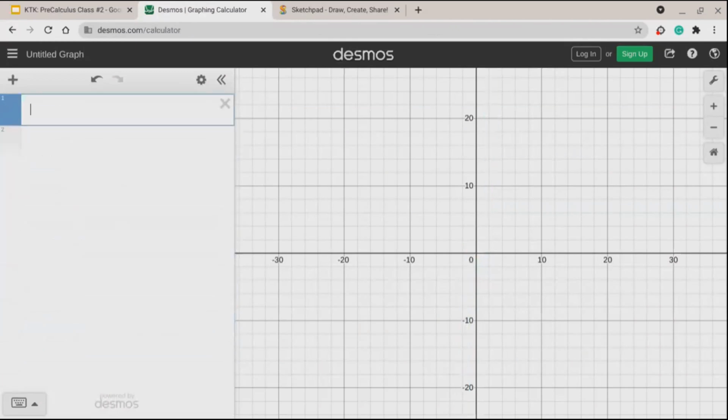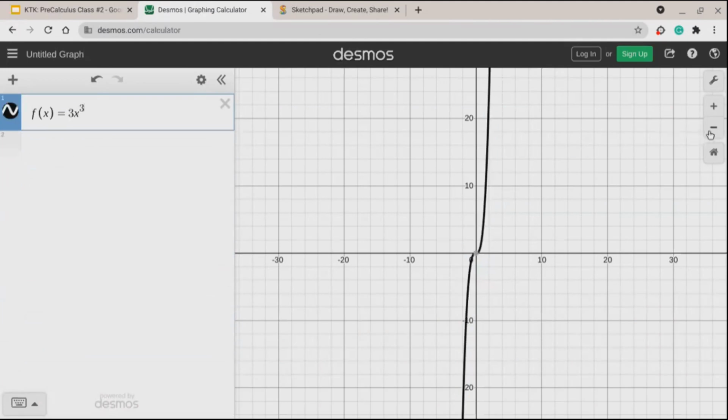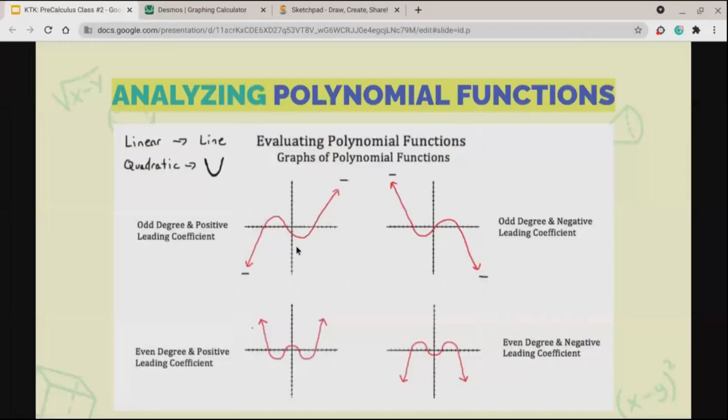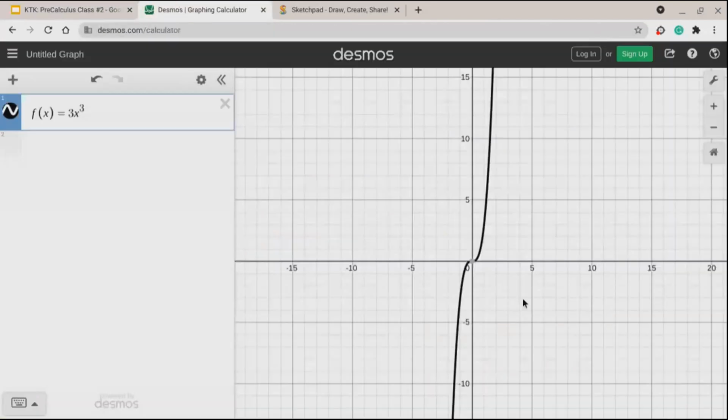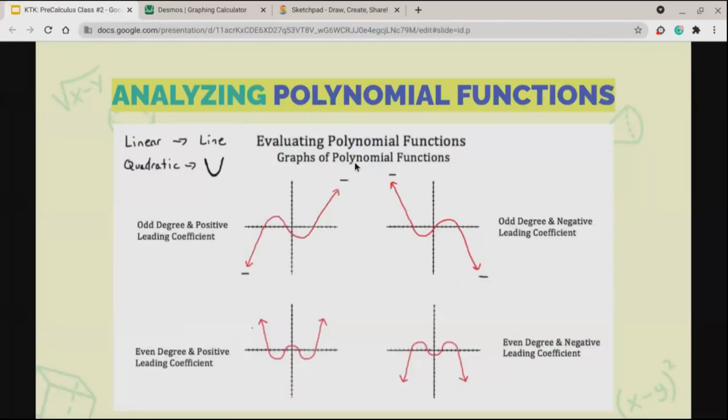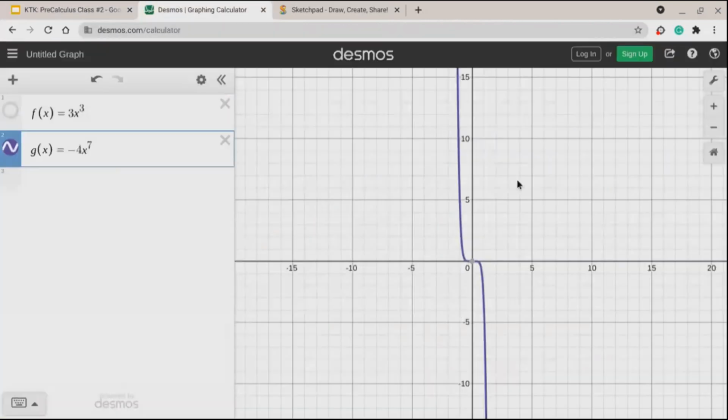All right. So f of x, our first one, is equal to 3x power 3. Let's zoom in a little. And we notice our end behavior: as x tends negative, y tends negative, and as x tends positive, y tends positive, and we see that right here. We're also going to do g of x is equal to negative 4x power 7, and we see it's got the same end behavior right here.